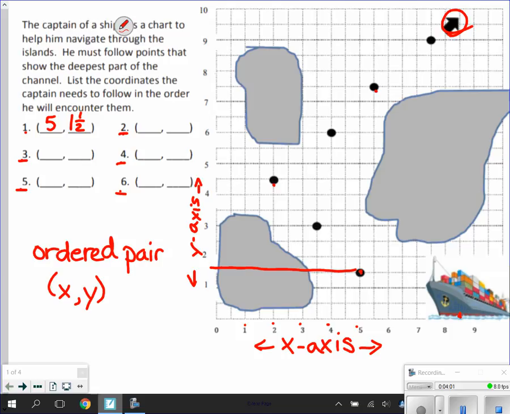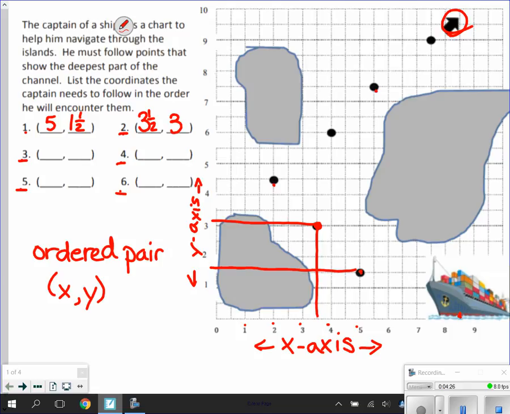Okay, so the number 2 spot is right here. So to get to number 2, the x point is right here. And it's in between the 3 and the 4, so the x coordinate is 3 and 1/2. And the y coordinate is 3.